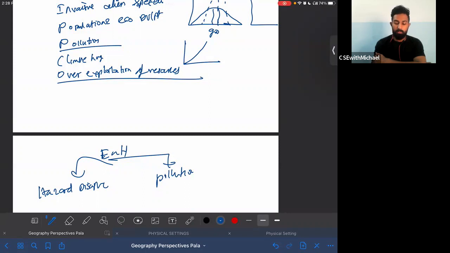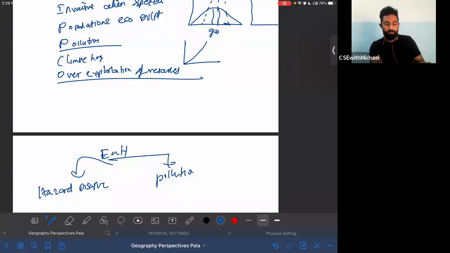If there is greater animosity increasing in world and global levels, it is also a form of environmental degradation. That is the human aspect.